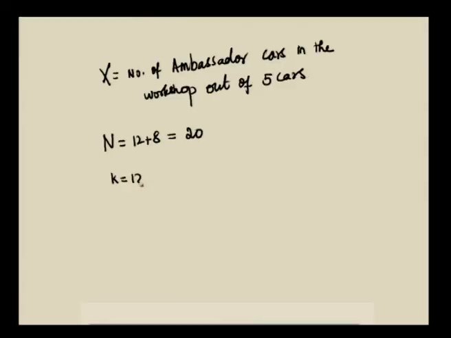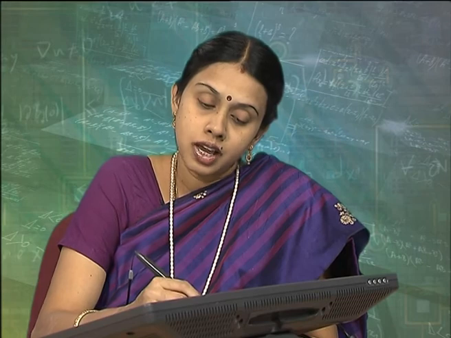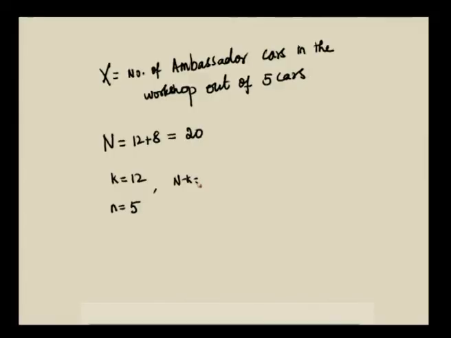K is the number of defectives found, that is, successes. So, K is equal to 12, and automatically small n will be the number of cars in the workshop, so n is equal to 5, and N minus K is equal to 8. So, we have fixed the values of x, capital N, K and small n.